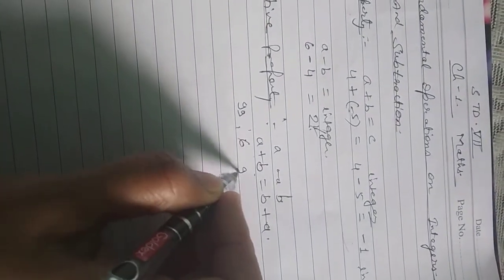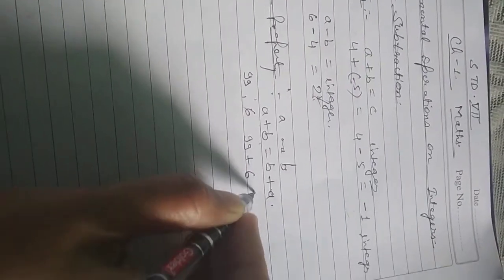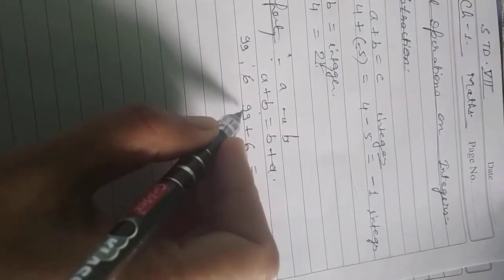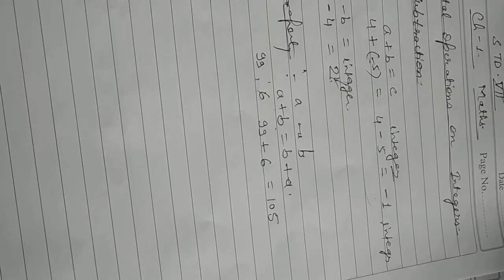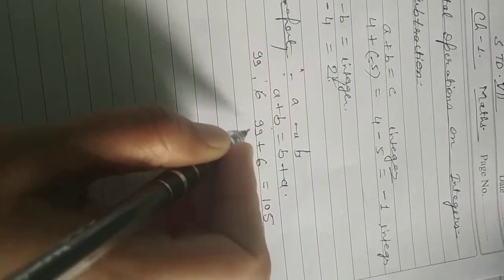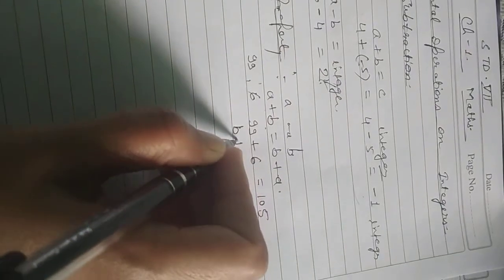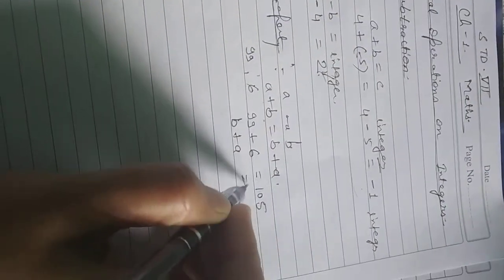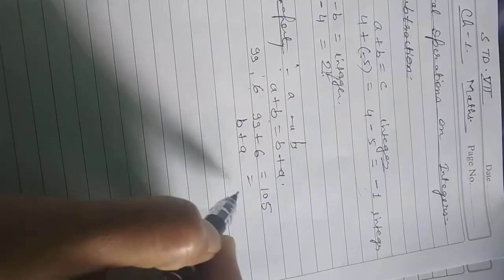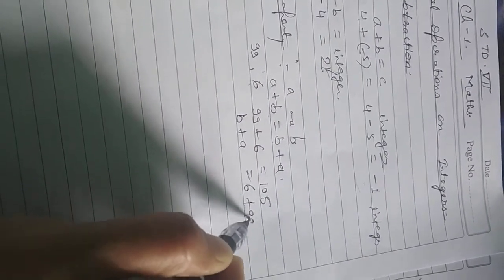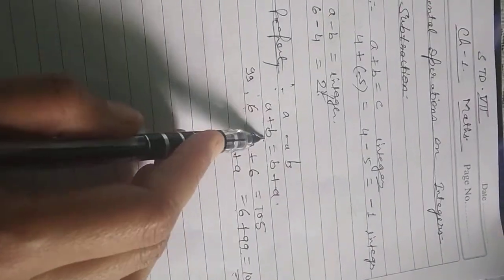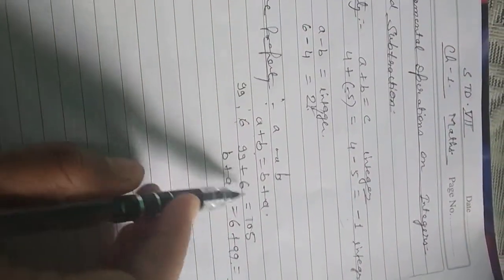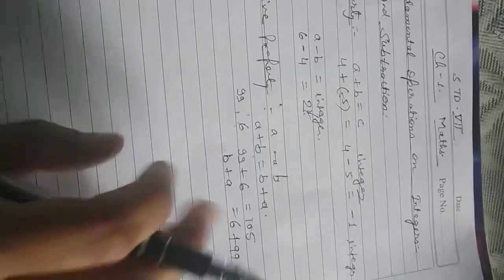Then a plus b will be 99 plus 6, just add it, we get 105. And if we do b plus a, 6 plus 99, again 105. Both are the same. A plus b will always be equal to b plus a for any value of integer.